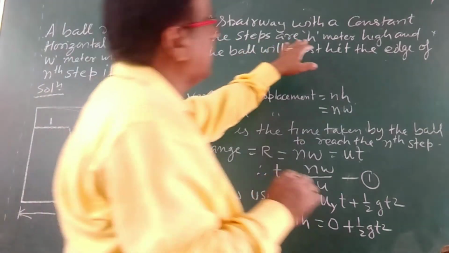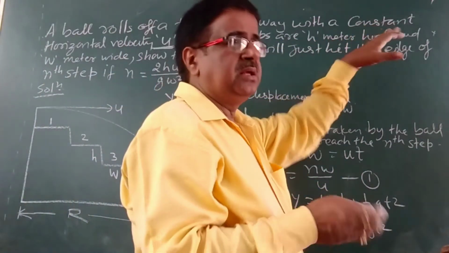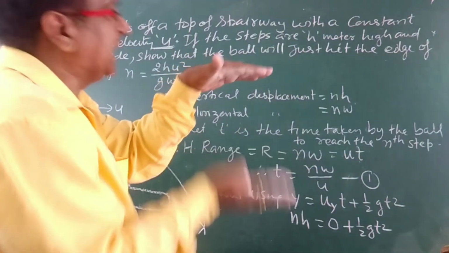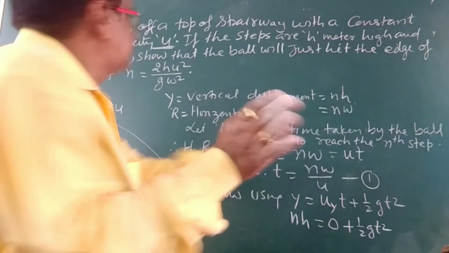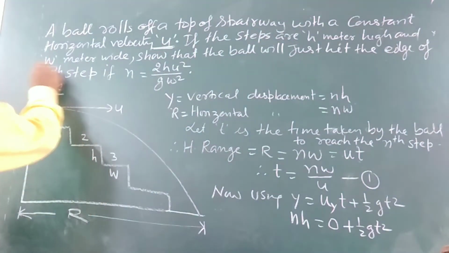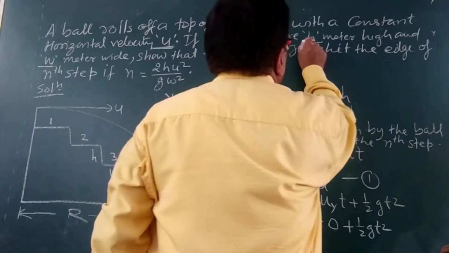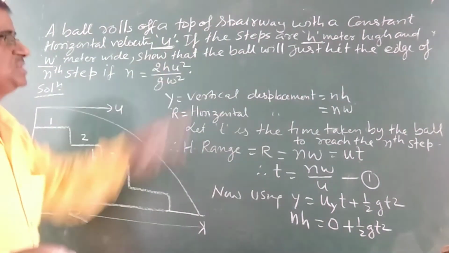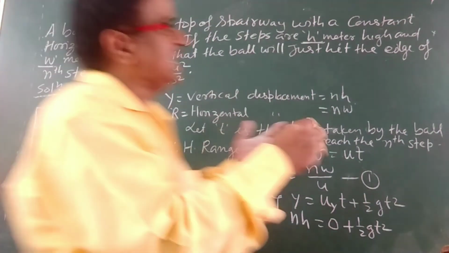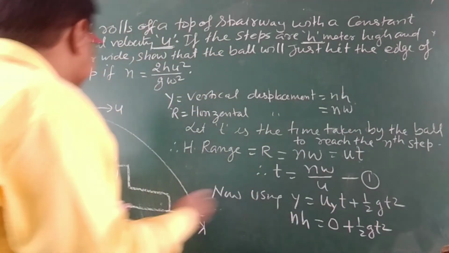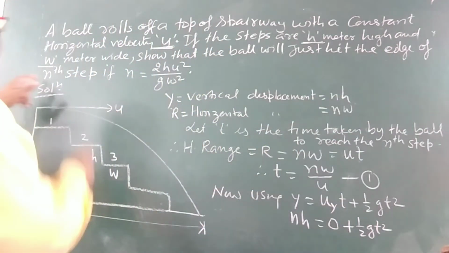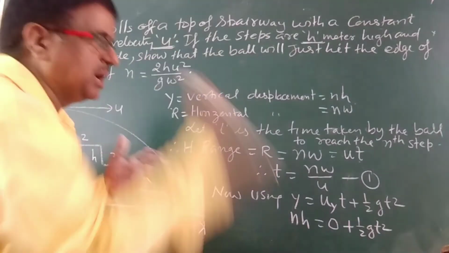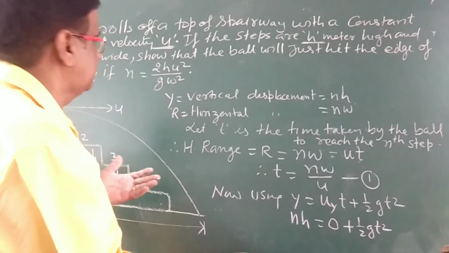If the steps are h meters high, the height of the steps is h and the width of the steps is w meters wide, so that the ball will just hit the edge of the nth step, meaning the ball will fall down after the nth step.